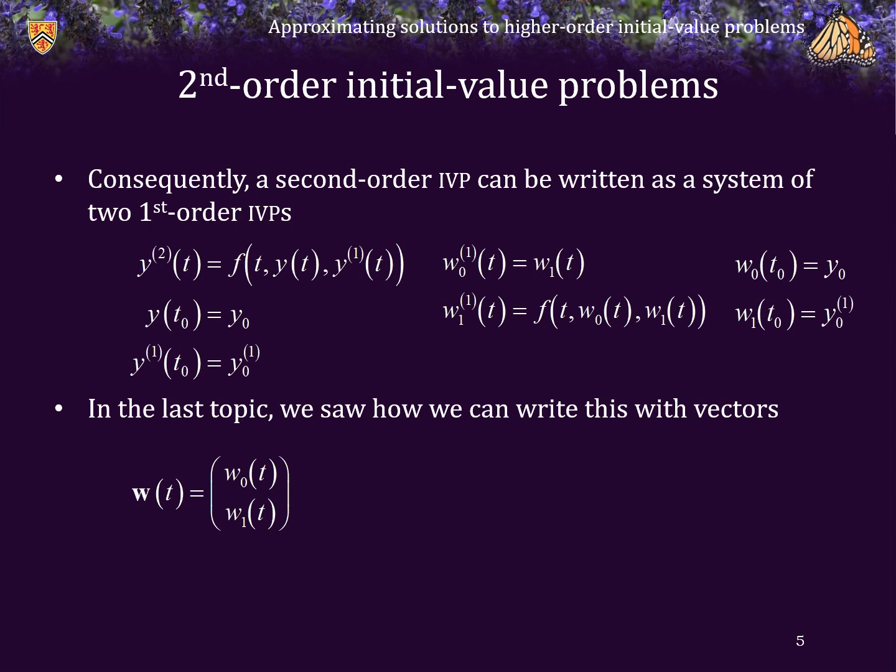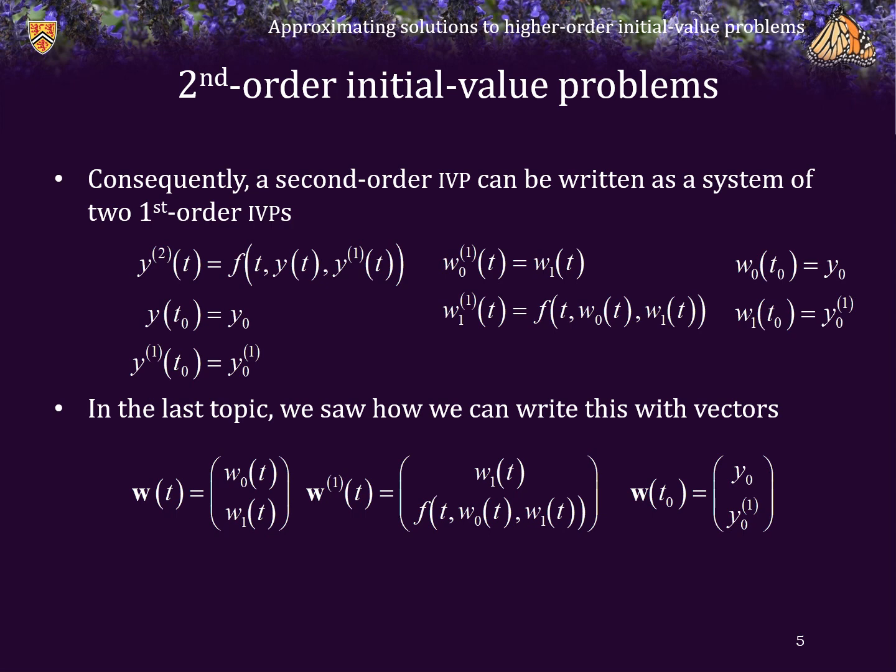So essentially now, the vector valued function w of t is a two-dimensional vector containing the solutions w0 and w1. The derivative of this vector w is w1, and whatever the right-hand side of the original ordinary differential equation was, evaluated at t, w0, and w1. And we have our initial conditions.